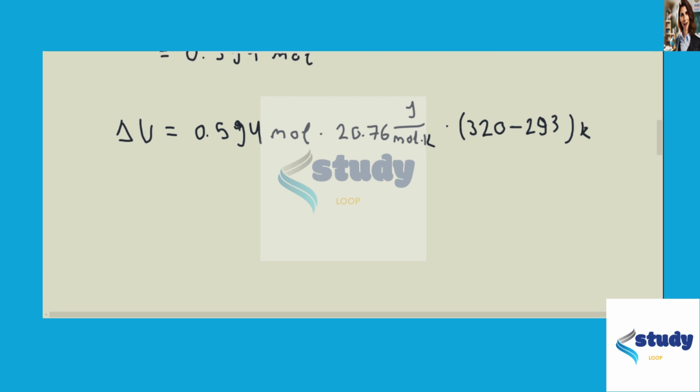Placing these values into a calculator, we evaluate that the change in internal energy is equal to 333 joules. And we see that the change is positive. So this is certainly an adiabatic compression.